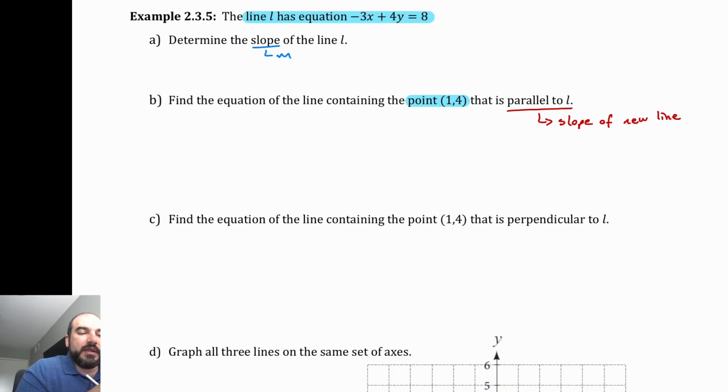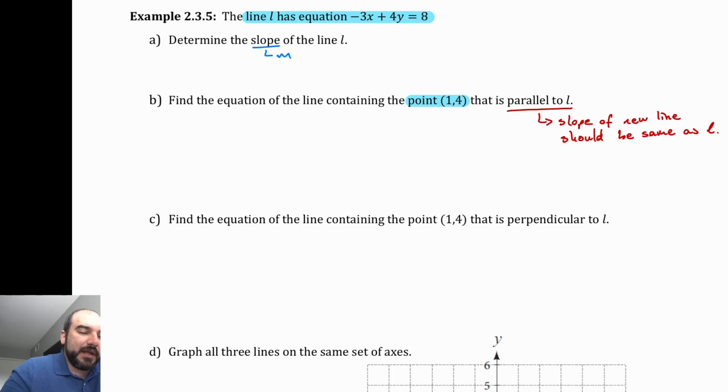What do we need the slopes to be if we're going to write a new line that's parallel to L? It needs the same slope as line L. Good. Slope of new line should be the same as L. Right, so that's just a little note for you on how to do that problem.